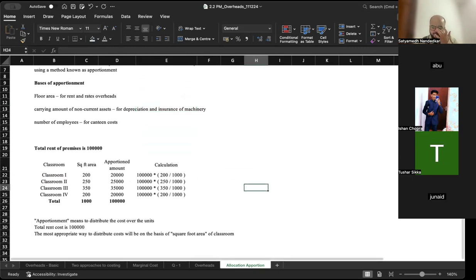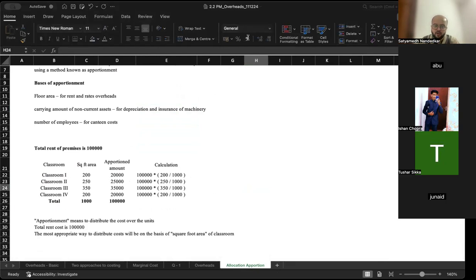Okay, and there is one more concept which is again connected with overheads only, that is known as absorption of overheads. See, when I say that this sponge absorbs water, what it means is the water gets soaked into the sponge, it enters that sponge.